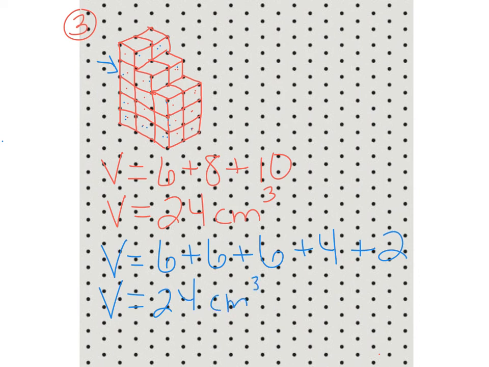Now, if I'd gotten 2 different answers, that would have told me I had the wrong answer in one of them. So make sure you take your time counting. Even though the middle and the back have some hiding because of this front section, you still have to count them. So take your time.